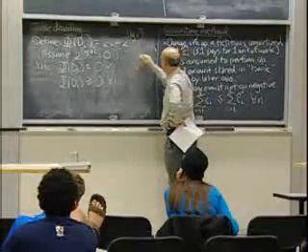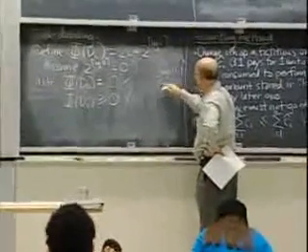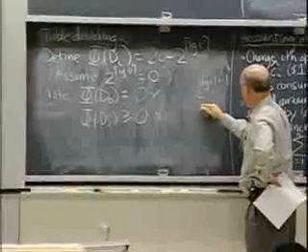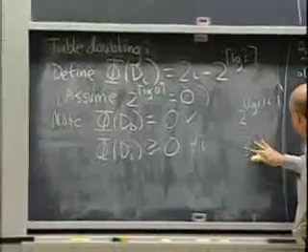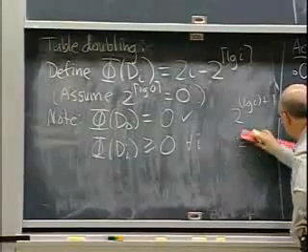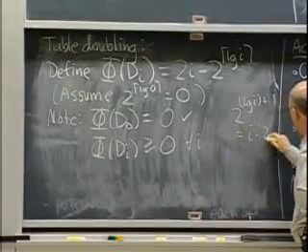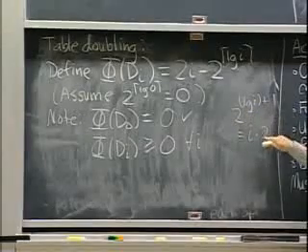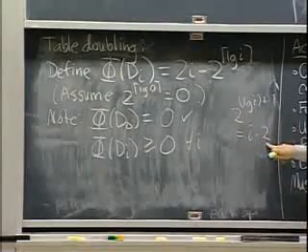So 2 to the log of i plus 1 is just i times 2. Okay, i for that part, 2 for that part. So that's the biggest it could be.